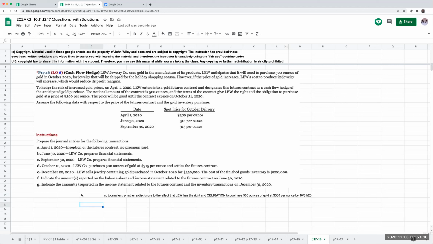Okay, so on June 30th, we're going to prepare our financial statements. On June 30th, the price of gold has gone up. Because of this, our futures contract now has value. So what we're going to need to do is basically say, okay, the contract price per ounce is at 300.